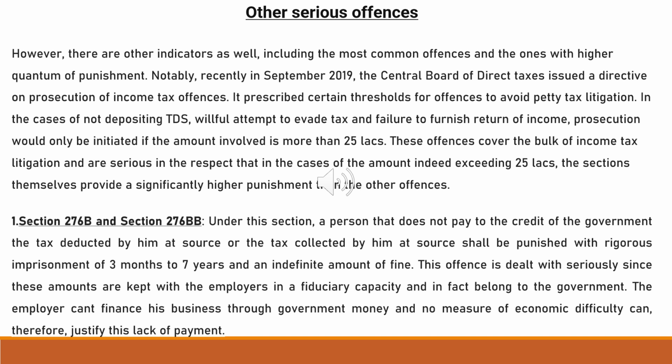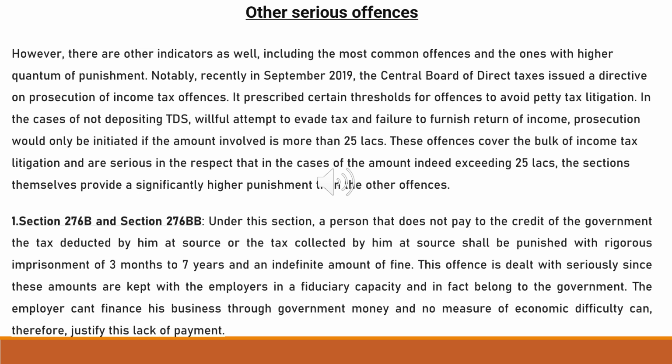In the cases of not disposing tax deducted, willful attempt to evade tax, and failure to furnish a return of income, prosecution would only be initiated if the amount involved is more than 25 lakhs. These offences cover the bulk of income tax litigation and are serious in the respect that, in cases of the amount exceeding 25 lakhs, these sections themselves provide a significantly higher punishment than the other offences.